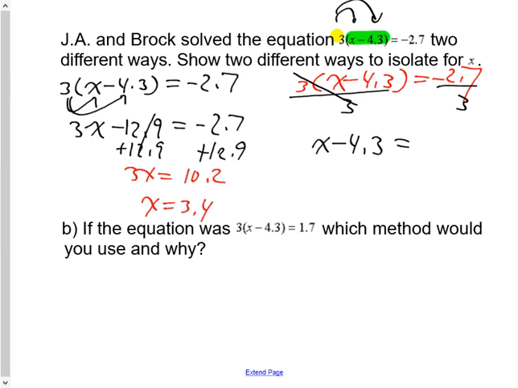And dividing both sides by 3 will mean that if 3 groups of x minus 4.3 is equal to negative 2.7, then 1 group of x minus 4.3 will be equal to negative 0.9. Add 4.3 to both sides, and x will equal 3.4. Which method do you prefer? First one makes more sense, the second one's much easier, right?